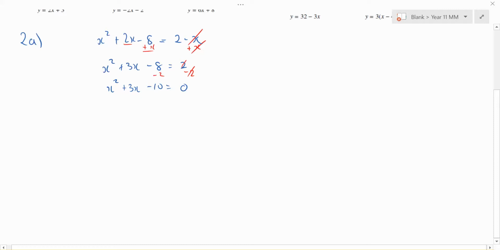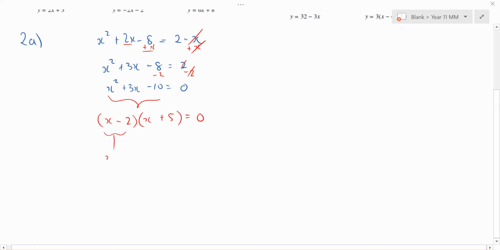Okay, so now that I've got this, the question is, can I factorize that? Because if I can, I can solve for x using the null factor law. Conveniently, using the cross method, which I'm doing in my head, I can see that it's x and x, and it's plus 5 and minus 2. That should give me that same equation. So I factorize and use the null factor law.